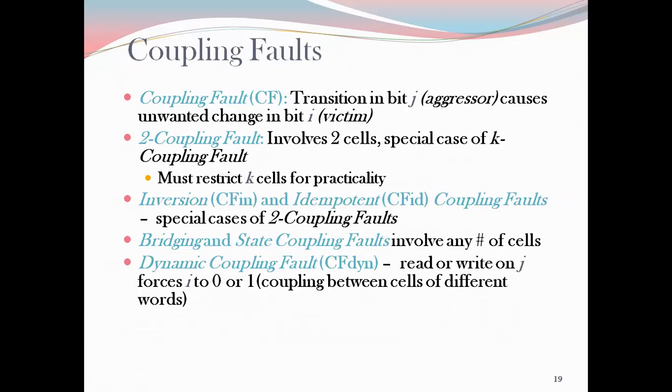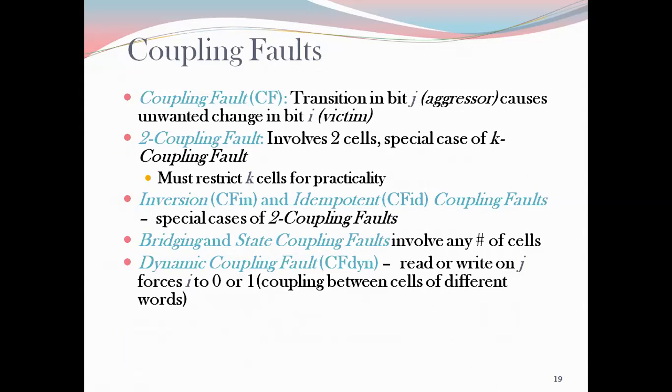That particular cell whose value is unwantedly changed is referred to as the victim. In our discussion in the next slides, I is going to denote victim, J aggressor. If we are taking only two cells at a time, it is a special case of K coupling fault.